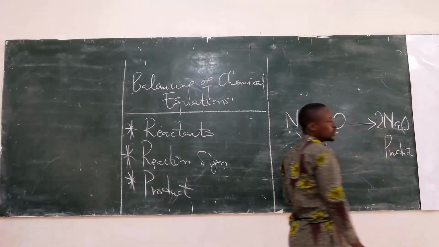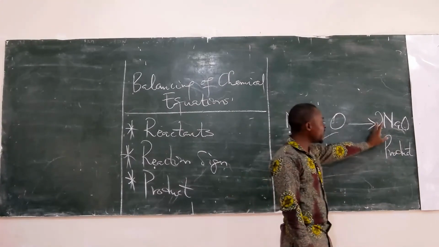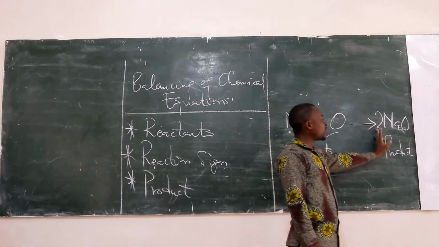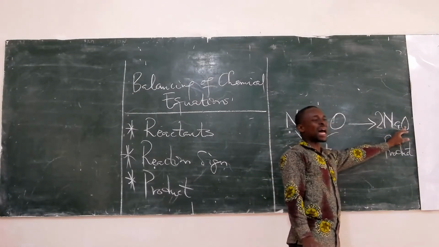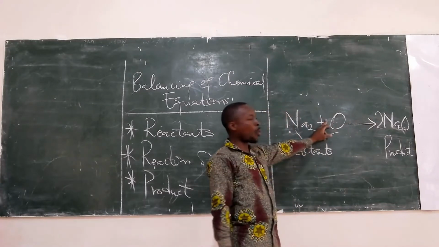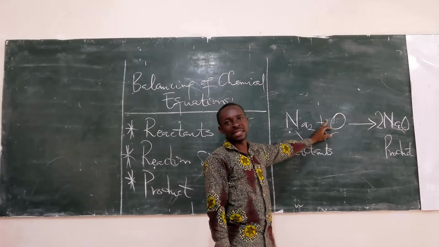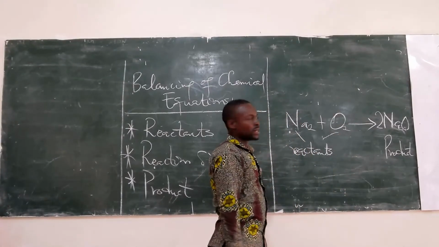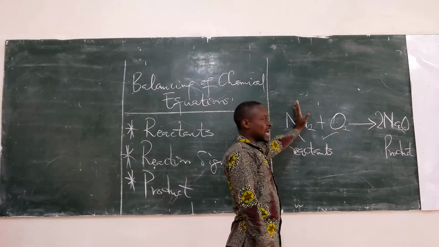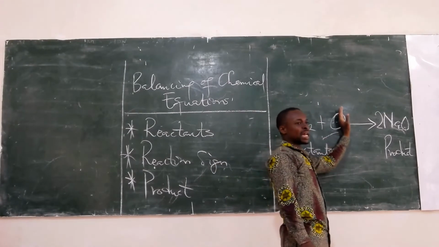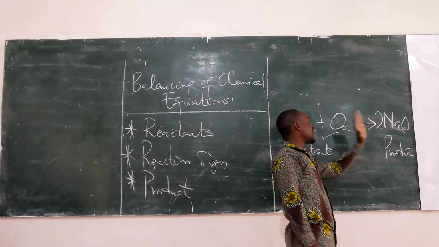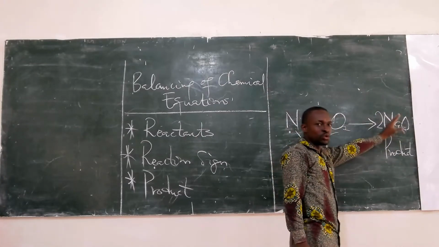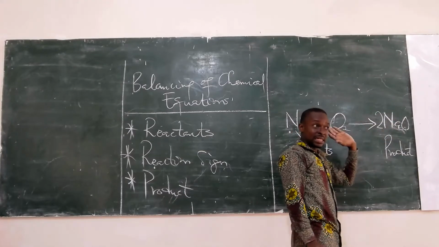I place big 2 here. If I place 2 here, this big 2 affects the whole product. So I've gotten 2 oxide atoms at the product side, but 1 oxide atom at the reactant side. So I need to place 2 here. Do you get it? So I have 2 sodium atoms at the reactant side, 2 oxide atoms at the reactant side, and then 2 sodium atoms in the product, 2 oxide atoms in the product. Do you get it? Yes.